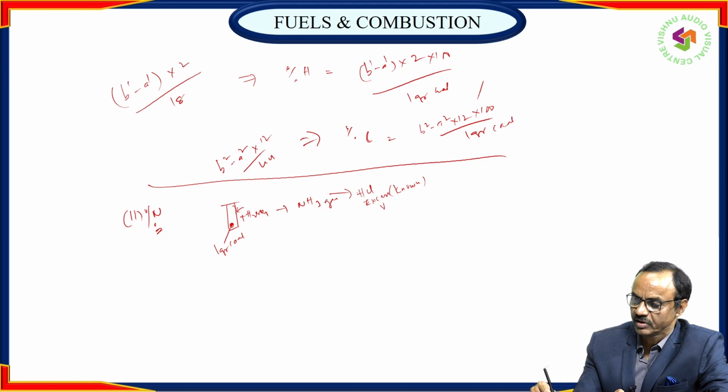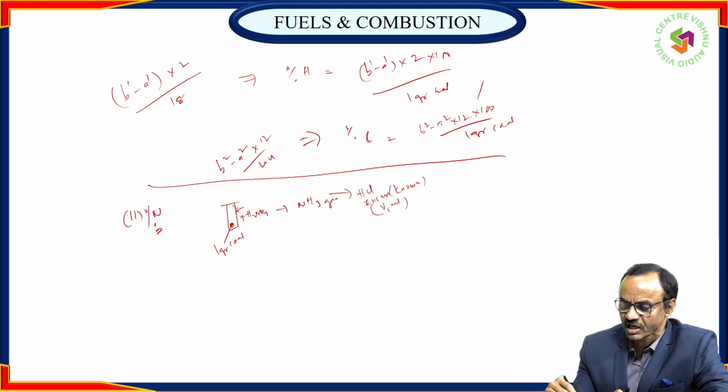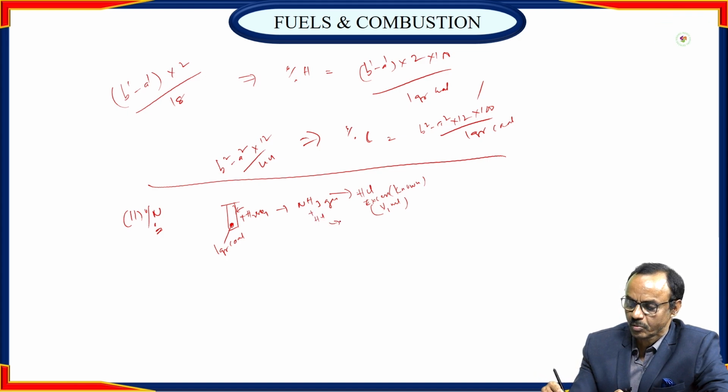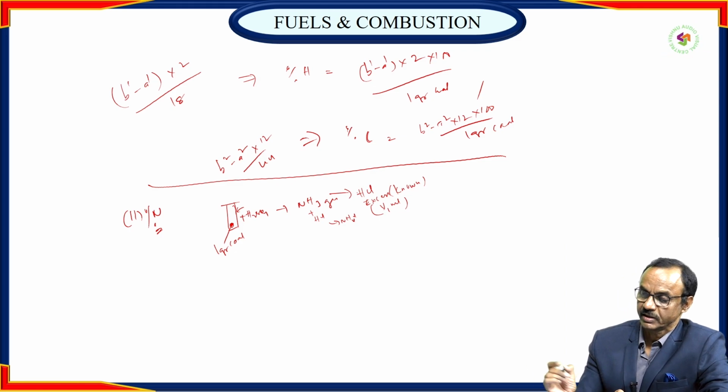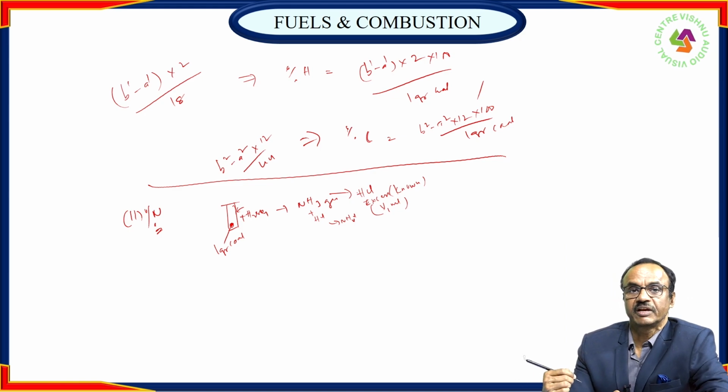Let V1 ml be the volume of excess HCl. Actually, we need to neutralize ammonia into ammonium chloride. Ammonia converts into ammonium chloride. Let us assume we need about 3 ml, but we have taken 10 ml, right? Excess, of known value, known strength, normality. After this, we just need to find out how much HCl is left.